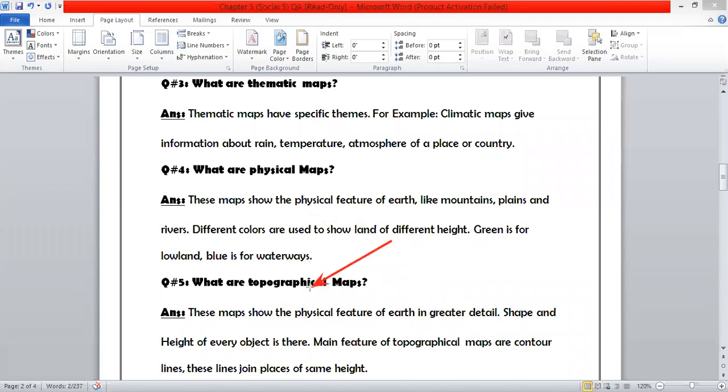Otherwise, physical map and topographical map are the same. It shows the things in great detail, and it adds the contour lines. So that's why they become different from the physical one. So this is the answer for the question number 5, what are topographical maps.